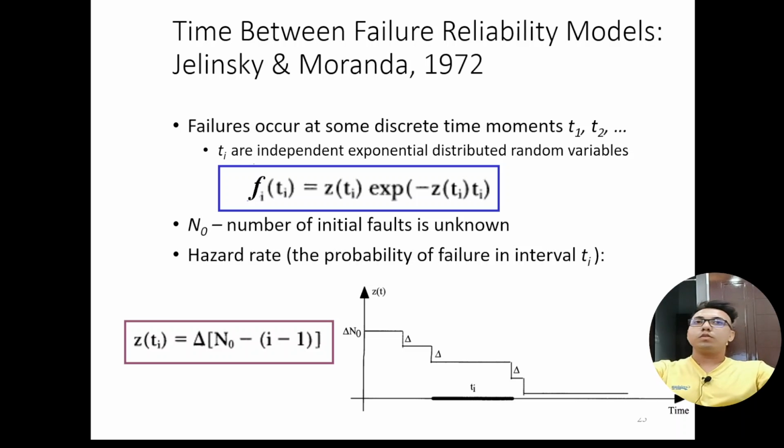The first model, time between failures: Jelinski and Moranda, 1972. Failures occur at some discrete moments, and the times T1, T2, ..., Ti are independent exponentially distributed random variables. This is the Jelinski-Moranda model.